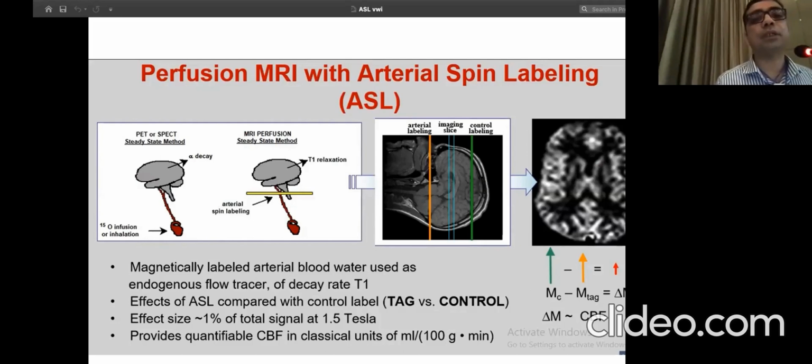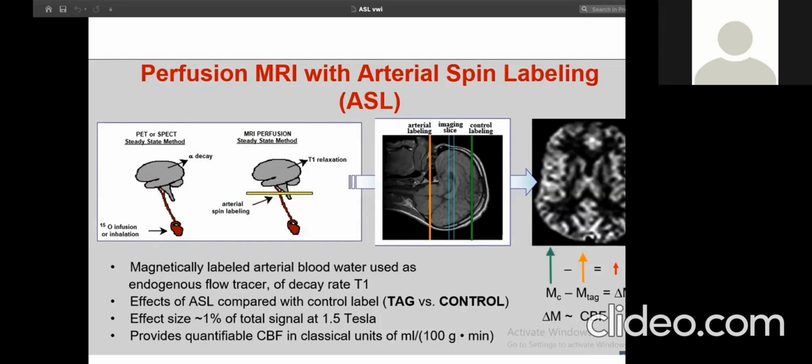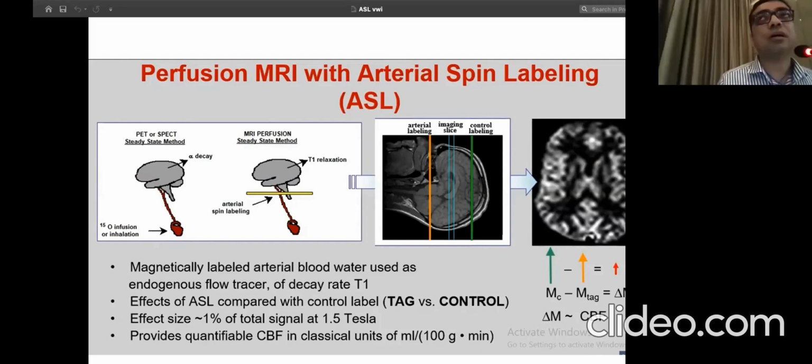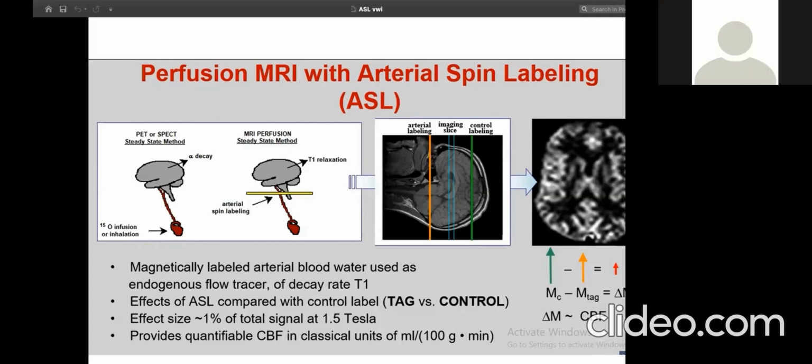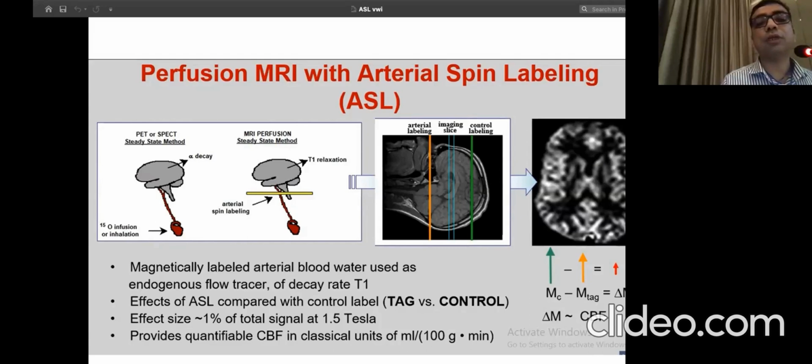The CBF map just comes with spin labeling. With this sequence we were trying to optimize the contrast, and the most important thing was the pulse delay. We started with 1500 milliseconds, then increased to 1800, and now we have got it to 2000 milliseconds.